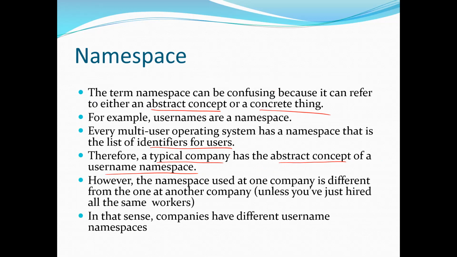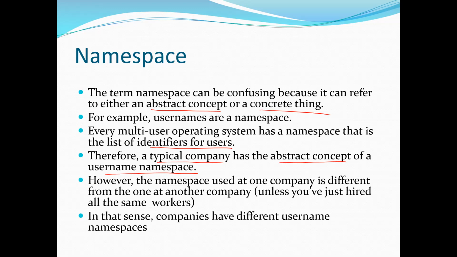As you guys know, for instance, on the Windows side, with something like Active Directory, you can think of it in terms of namespaces of all the computers that you manage, etc. However, the namespace used at one company is different from the one at another company. Okay, it just depends on the names, but not just the names, the naming convention.